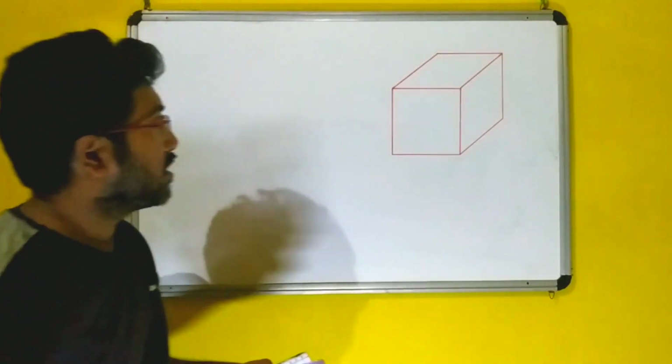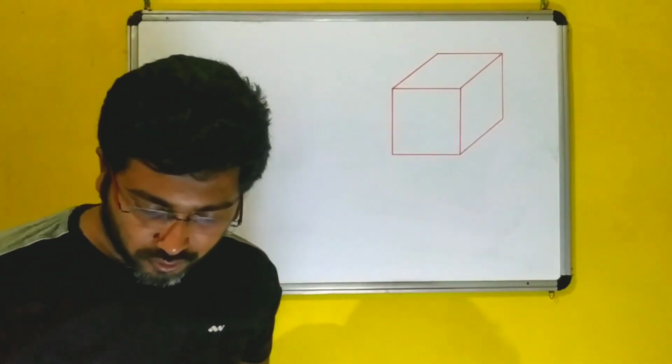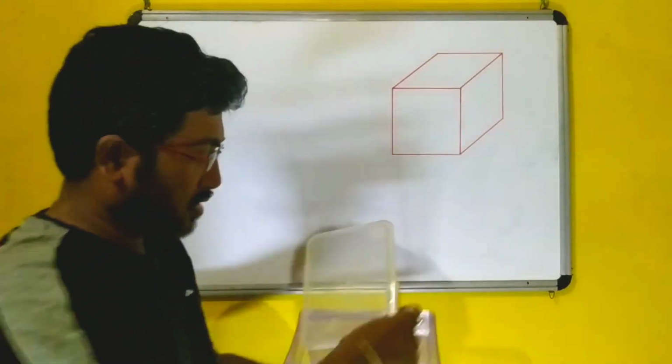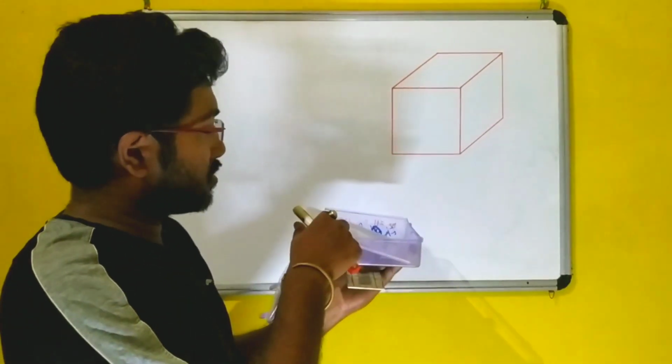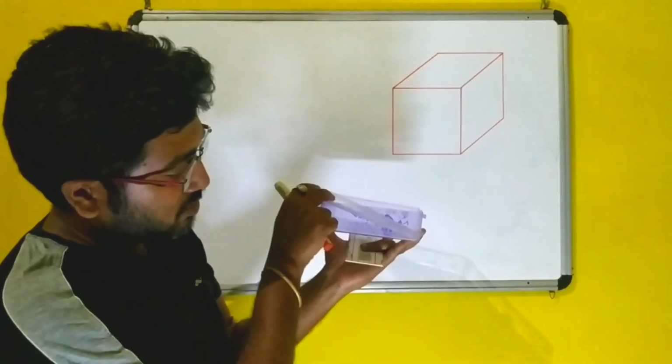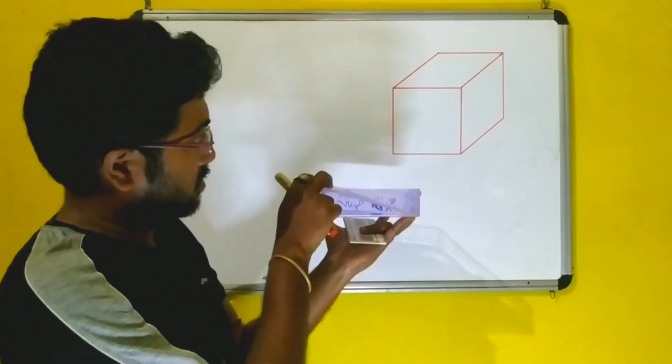So now if we want to draw a plane, an inclined plane, suppose this is the inclined plane. You can observe through it since it is transparent. This is one inclined plane, suppose.